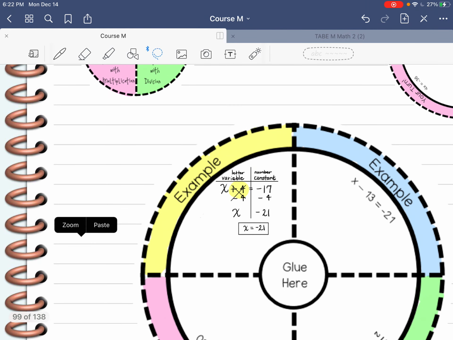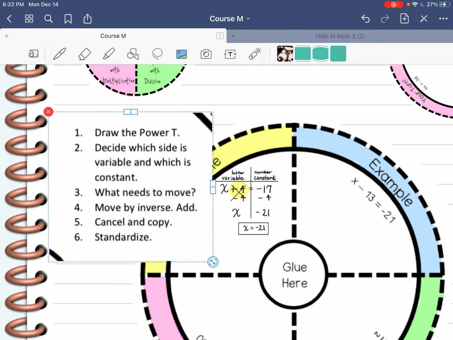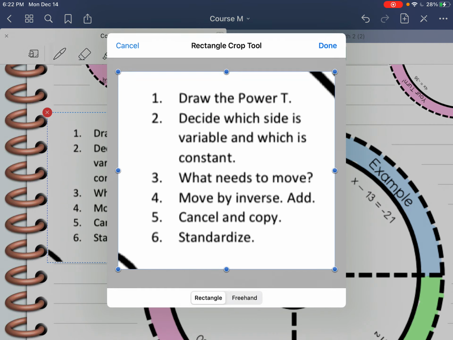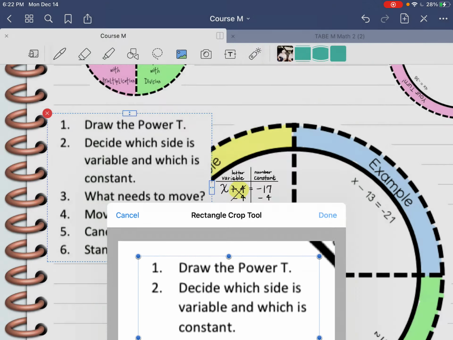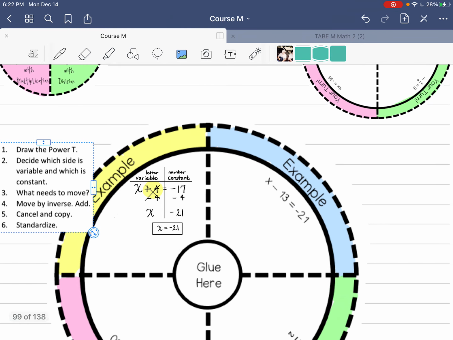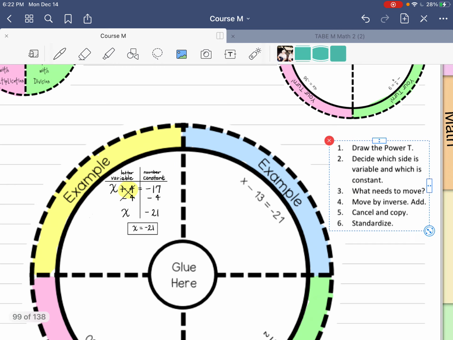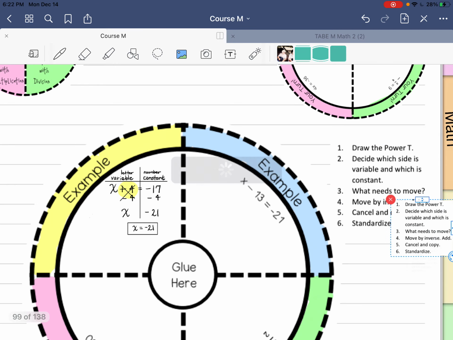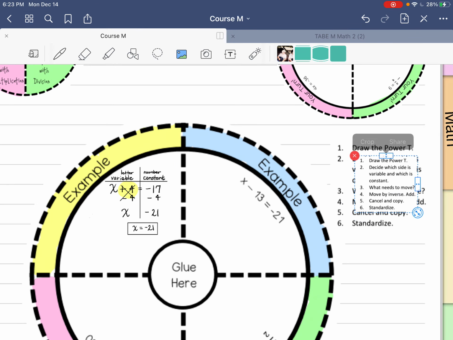Personally, I need to see it done before I'm going to remember it. So I'm trying to cover every base and show you all of the different ways. So here we go with this set of steps. And we're doing this blue section this time. So let me move it right over here, so we've got it right there where we need it.